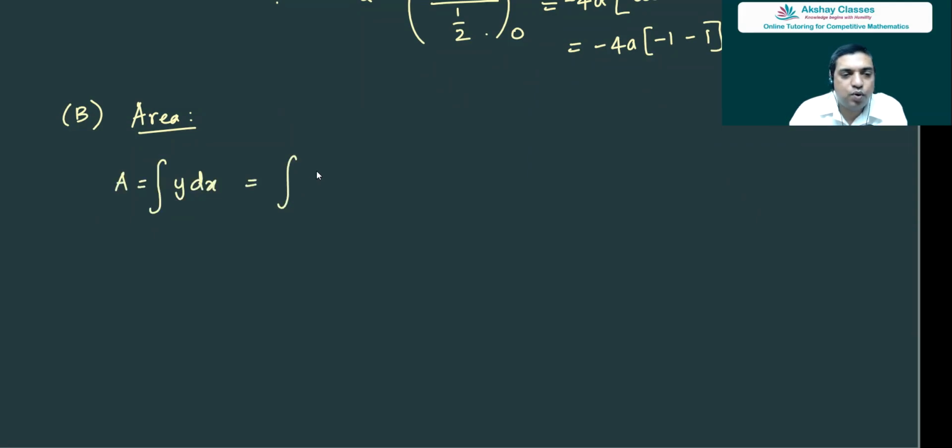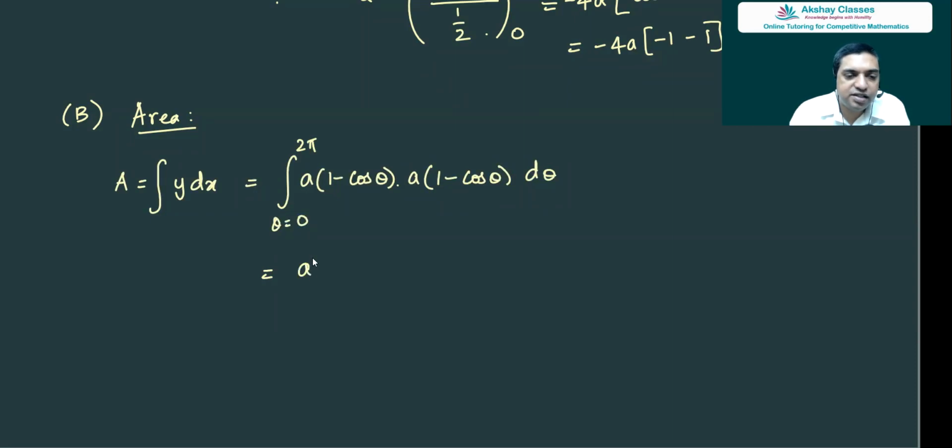Now y is a into (1 minus cos theta). dx is dx upon d theta into d theta, so that is a times (1 minus cos theta) d theta. Very simple. Theta varies from 0 to 2 pi.